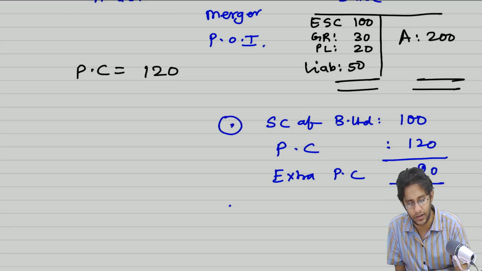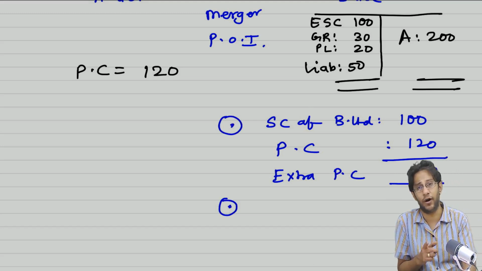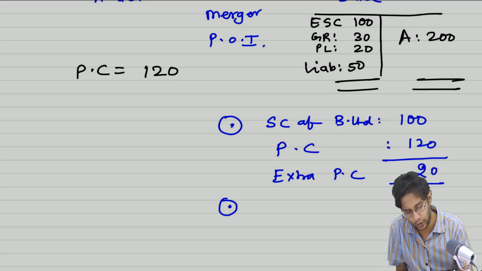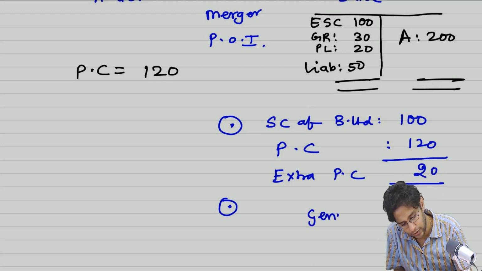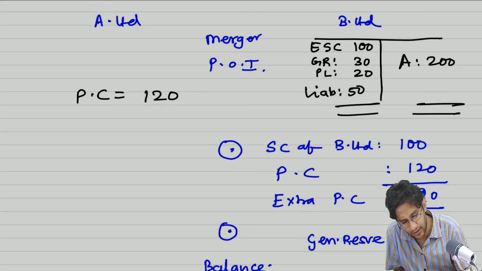But since amalgamation is in the nature of merger and you are applying the pooling of interest method, each and every reserve of the selling company can be incorporated as a reserve of the purchasing company. So you will have incoming reserves now: general reserve and P&L. How much balances are there? 30 and 20.